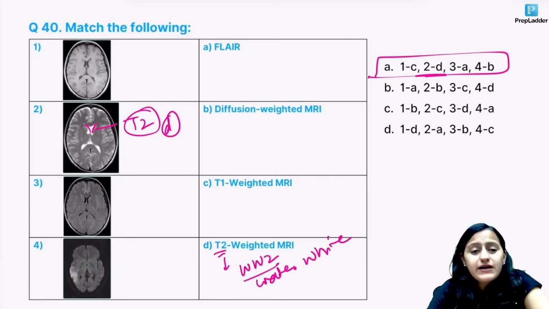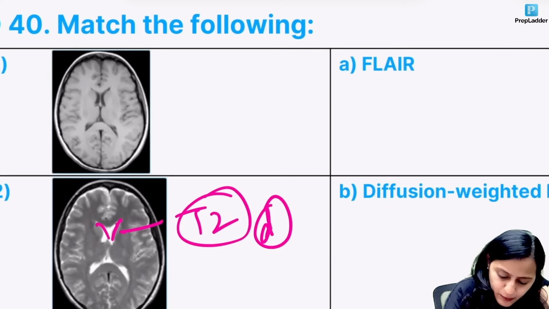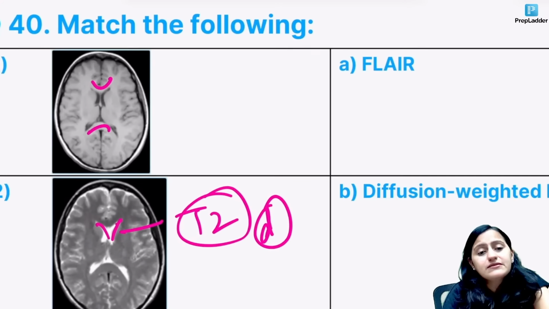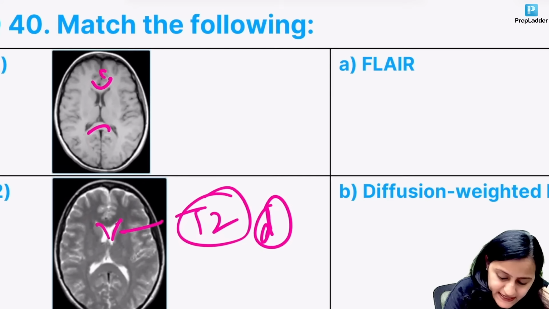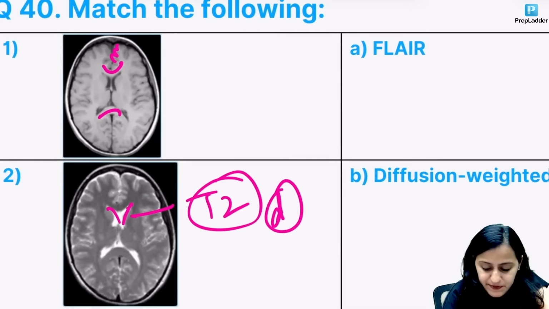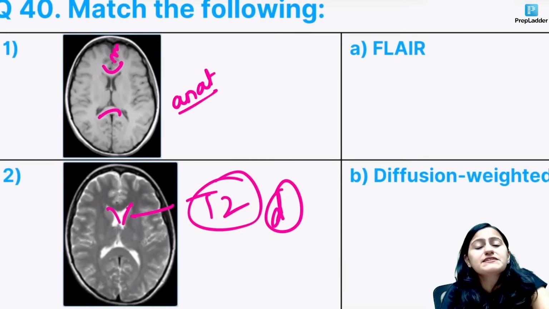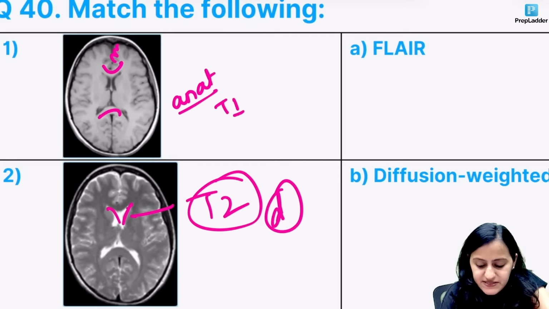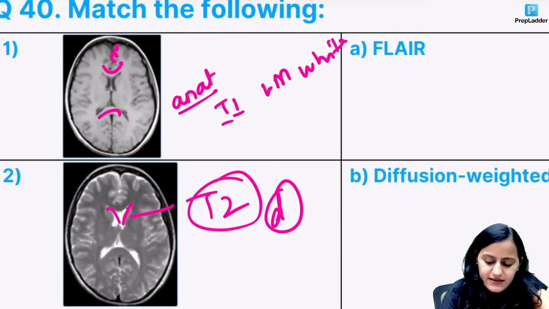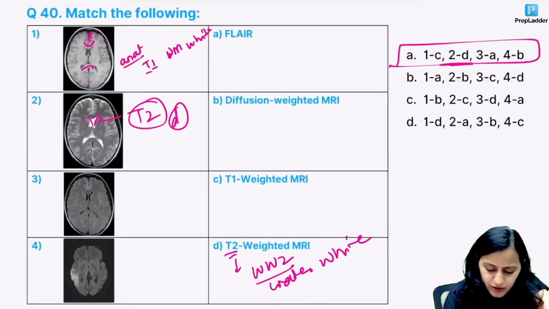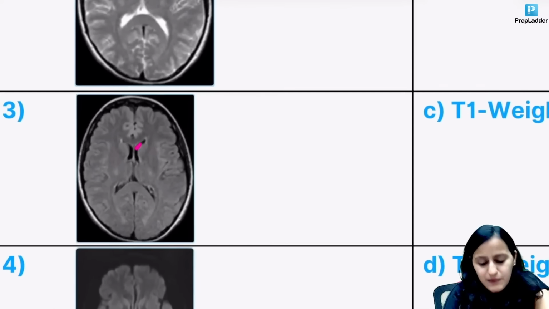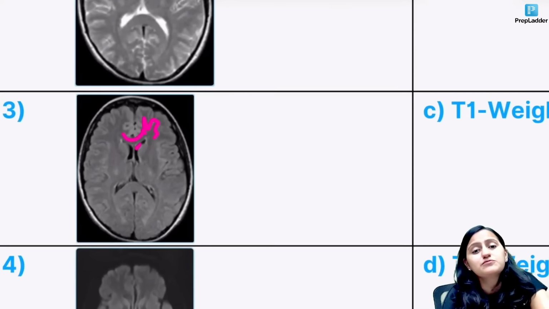Right? Look at the first image. The white matter is white. The gray matter, the cortex is gray. So anatomy is being followed. Anatomy is your first year subject. So first T1. White matter white. Gray matter gray. That is your T1. Look at this one. The water is also black. The white matter is also black.